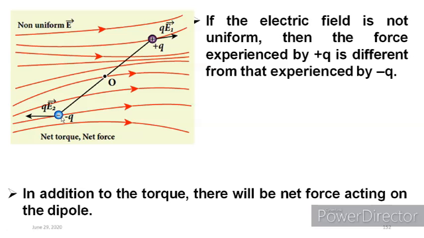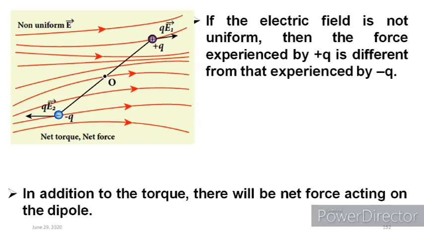A microwave oven works on the principle of torque acting on the dipole. In a microwave oven, an oscillating electric field is applied. The food contains water molecules which are permanent electric dipoles.